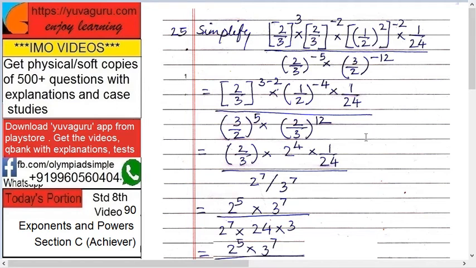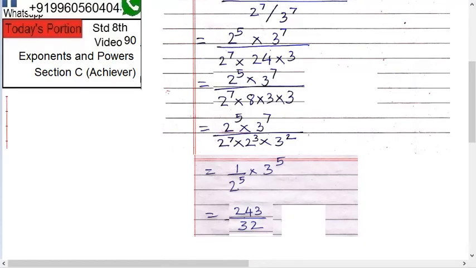This 3 raised to 7 goes up. Right? Why? A upon B upon C equals AC upon B. So 2 raised to 5 into 3 raised to 7 upon 2 raised to 7 into 24 into 3, equals 2 raised to 5 into 3 raised to 7 upon 2 raised to 7 into 24, will be 8 3s are 24, into 3.